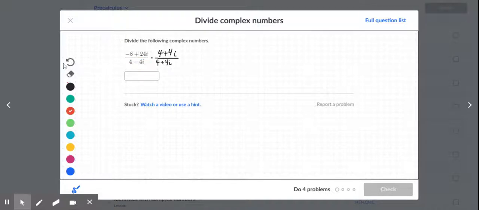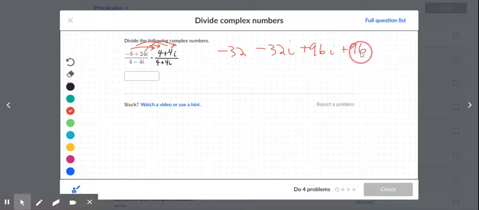Now let's multiply the same way we did in the last lesson. We're going to have to distribute. That's 96i and 96i squared.